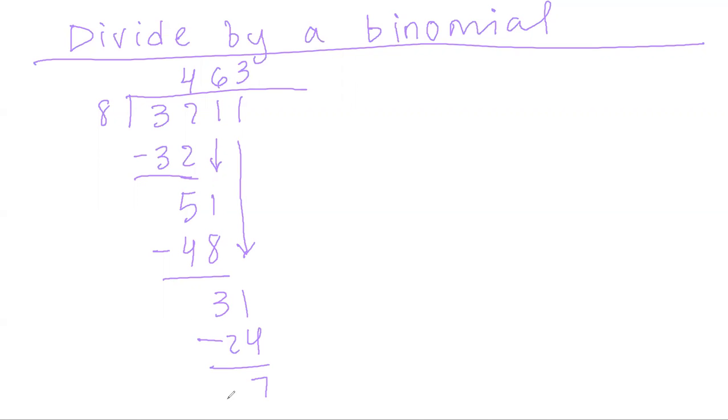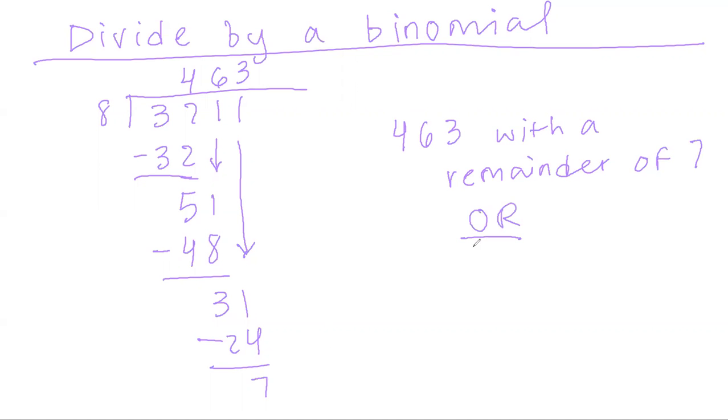Now, normally we would keep going and figure out the decimals, but when it comes to the division that we're doing with polynomials, we actually have to stop here. We can't put a decimal and stuff like that. So our answer is actually just going to be 463 with a remainder of 7.